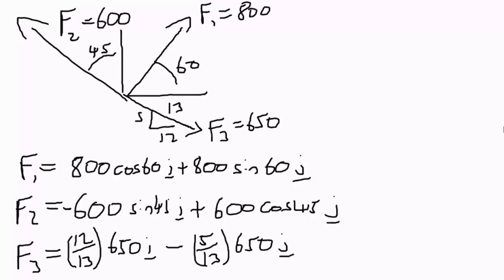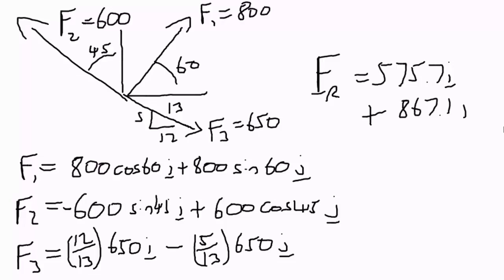The next thing we'd do is take all of our I components and add them together, all of our J components and add them together, and we should come out with a resultant force as a vector of 575.7I plus 867.1J.